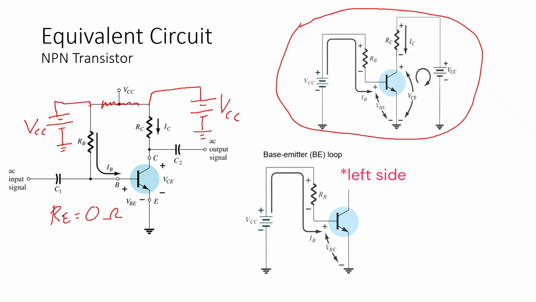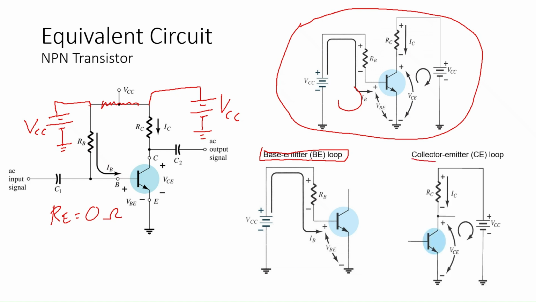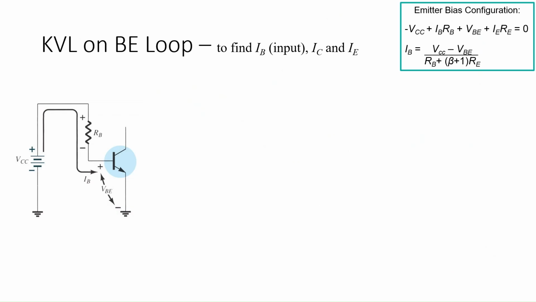On your left, we have the base emitter loop, or BE loop, and on your right we have the collector emitter loop, or CE loop. For the KVL, we can do the BE loop first to find the values of IB, IC, and IE.